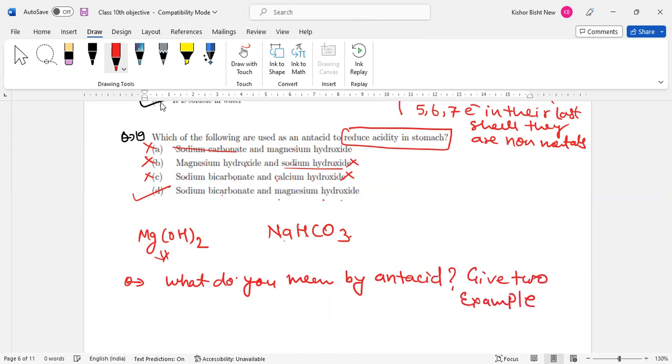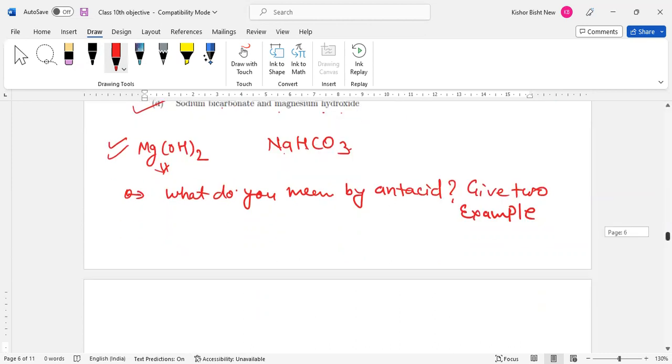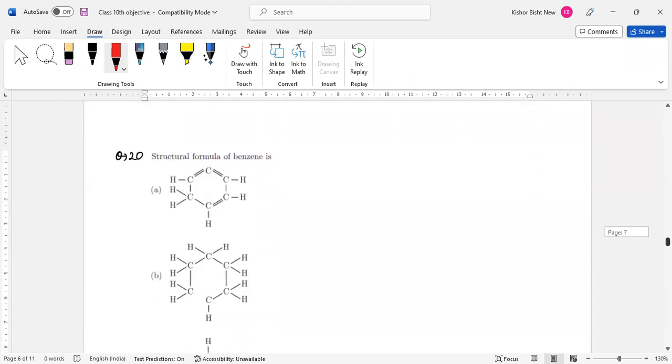So you can write antacids are those bases which can reduce acidity of the stomach. And what are the 2 examples? Mg(OH)2 and NaHCO3. What do you mean by antacid? These are the basic compounds which reduce the acidity of stomach. Now come to the next one.